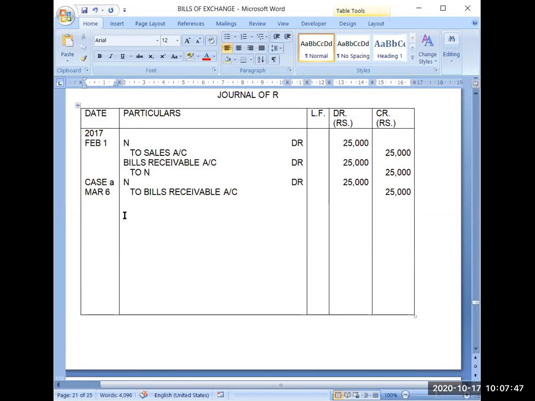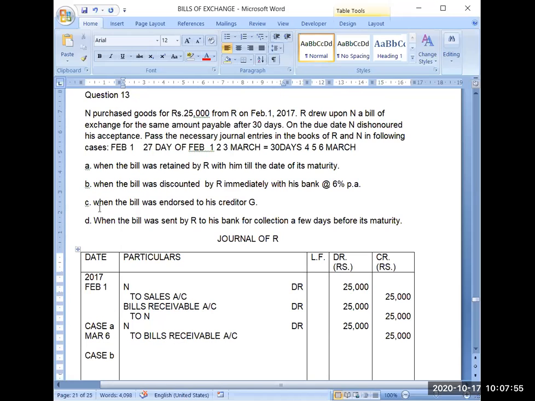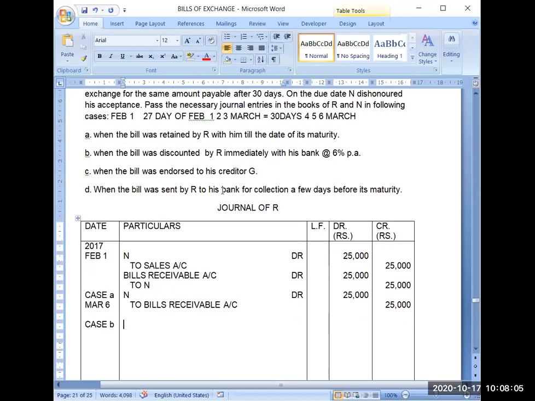Now coming to the next case. Case B. Now in case B, what is happening? Bill was discounted by R immediately with his bank at the rate of 6% per annum. So first we will record the journal entry for getting the bill discounted.